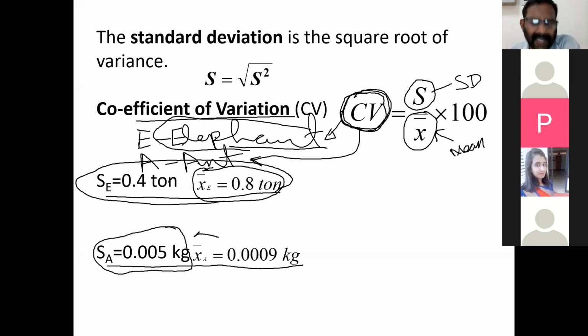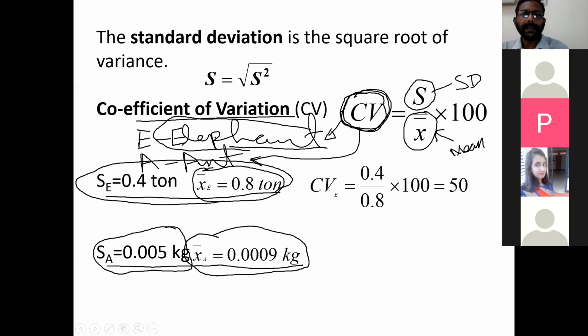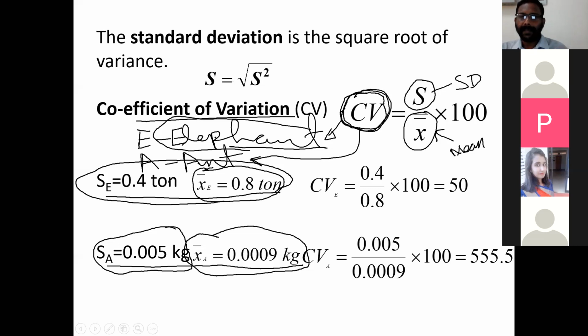As an example, the mean of ants that has been measured is 0.0009 kilogram. So now if you calculate their respective coefficient of variation, you will end up with some values like this.